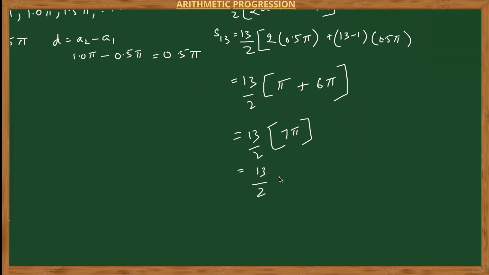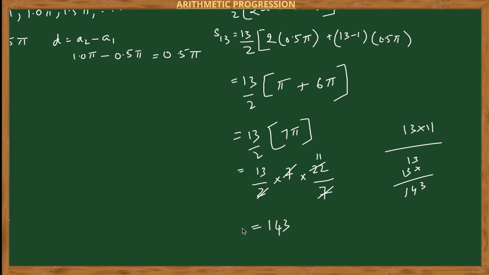We know the value of pi is 22 by 7. This will help us divide further. 7 goes into 7 once, and 22 divided by 2 gives 11. So 13 into 11 will give 143. So S13 is equal to 143 centimeters.